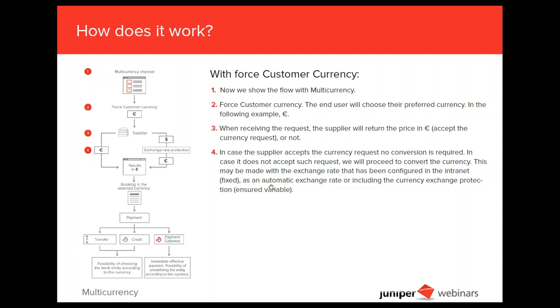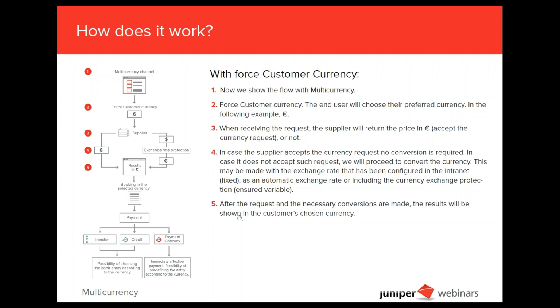Then there is the option to have an automatic exchange rate that is renewed every day, or have this automatic exchange rate but also the additional module of currency exchange protection. So you are keeping your exchange rate competitive, but also ensuring that if there are any months between the booking and the payment, you won't lose money if the exchange rates have varied.